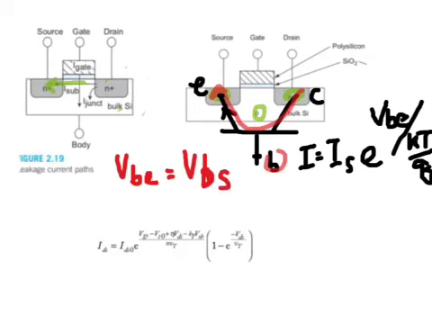And the voltage from the bulk to source is none other than a capacitively divided voltage from the gate, capacitively divided to the source.